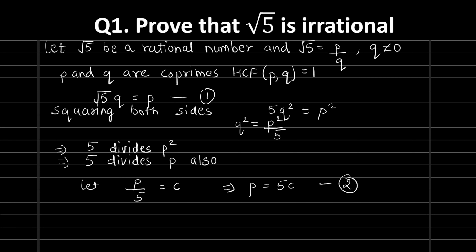Mark it as your equation 2. Now this value of p that you have got, you have to substitute it in equation 1: put the value of p from equation 2 in equation 1.